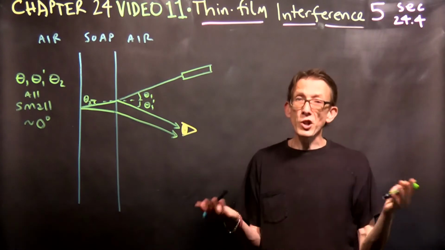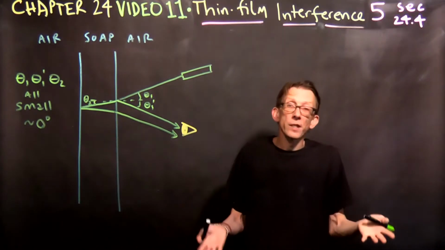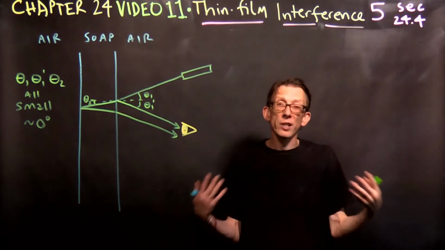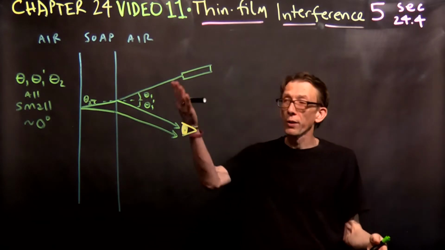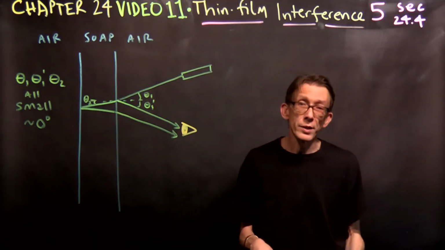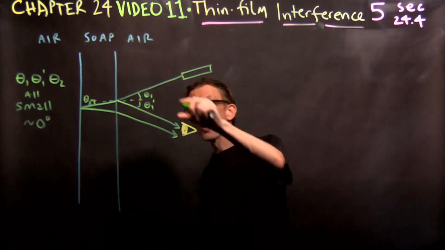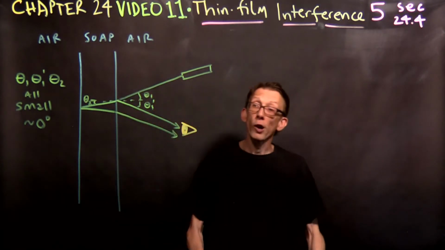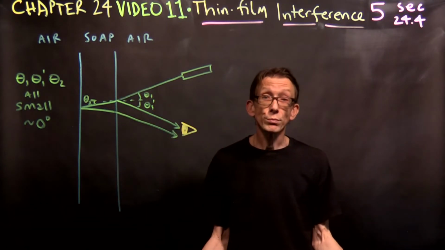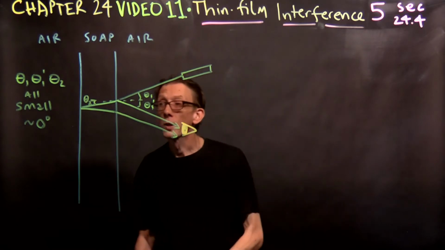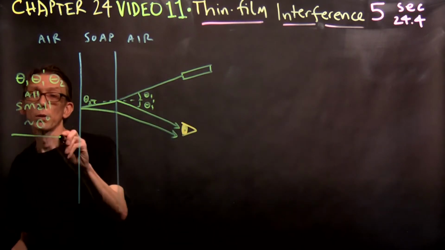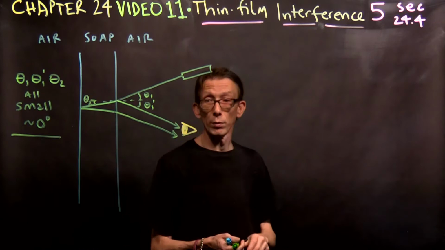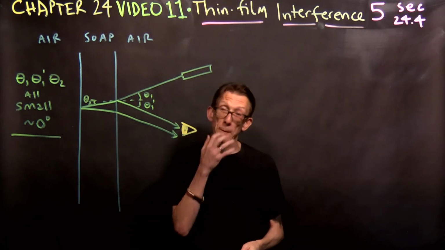Now, this doesn't change the essence of the physics we're doing. It simply makes our calculations simpler. Okay, we can deal with throwing in non-zero angles later on, but just know that all these angles I've drawn here are just super small. That's going to be our approximation. Approximately 0.